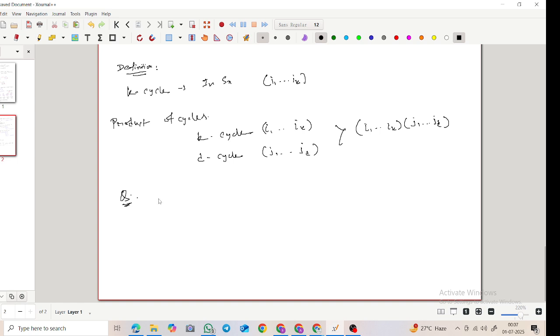Question. In Sn, exactly how many d cycles are there? Okay, d of course less than or equal to n.